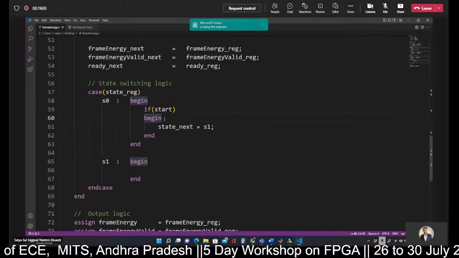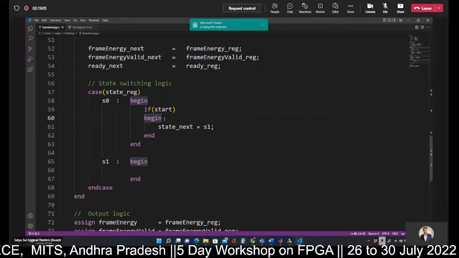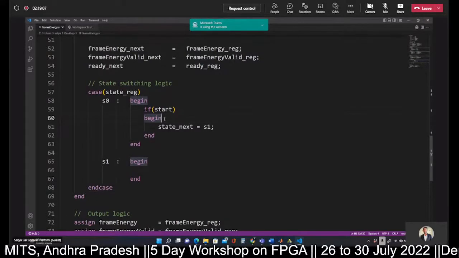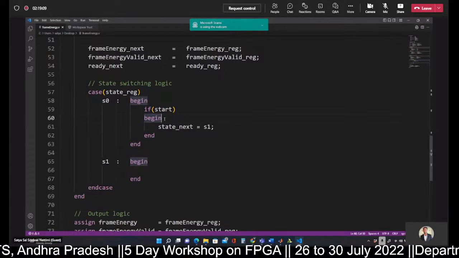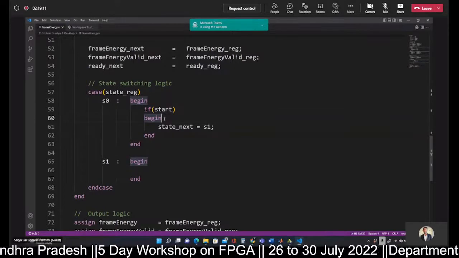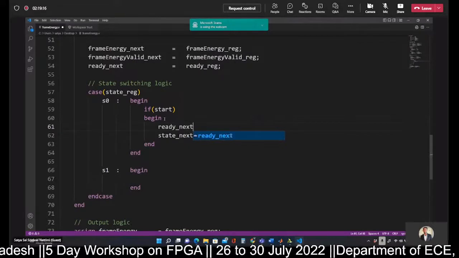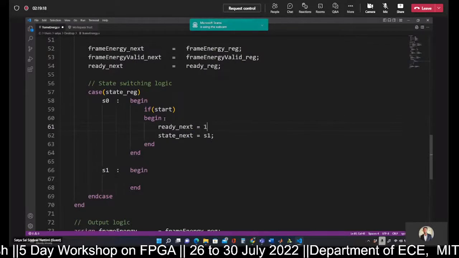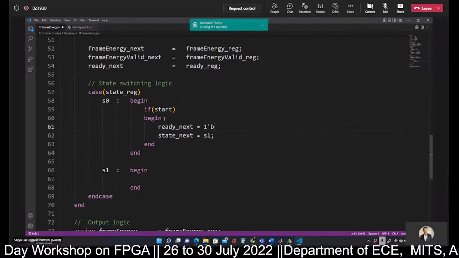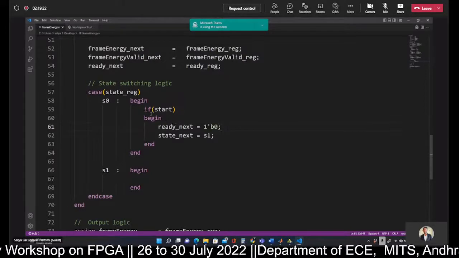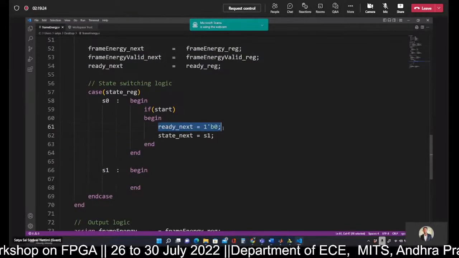So ready means idle if it is 1. In order to make the output busy, the ready output should be driven with 0. So how do you do that? Ready next, you make it as 1'b0.